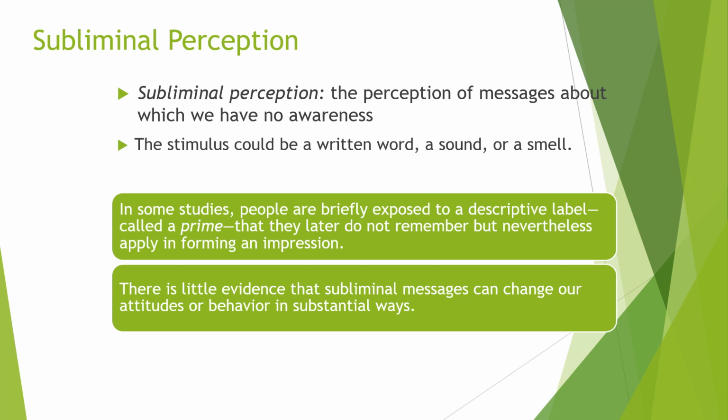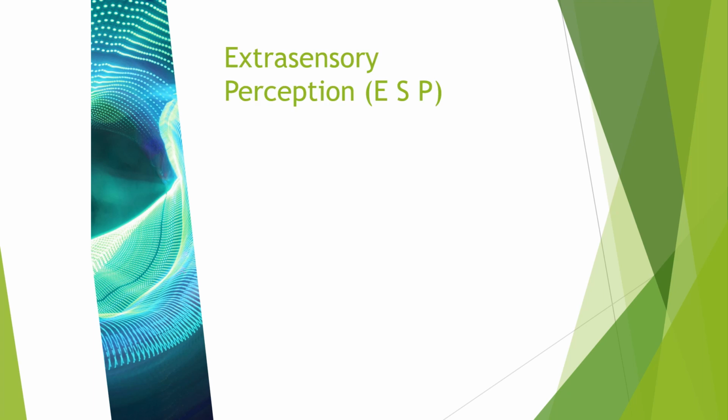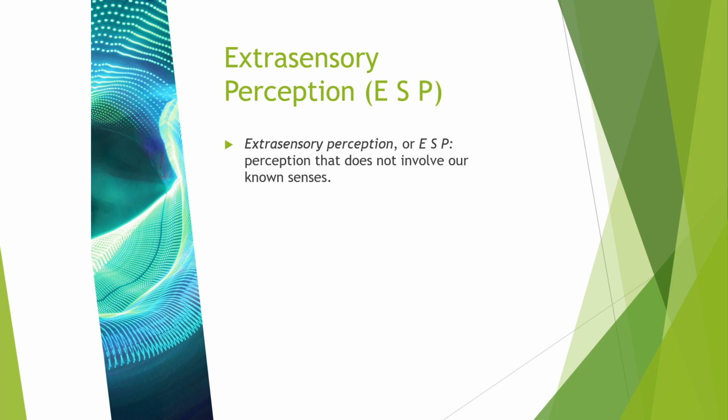Along with subliminal perception, we have what is called extrasensory perception, or ESP. This is where you have perception that does not involve your senses. It is extrasensory, right?